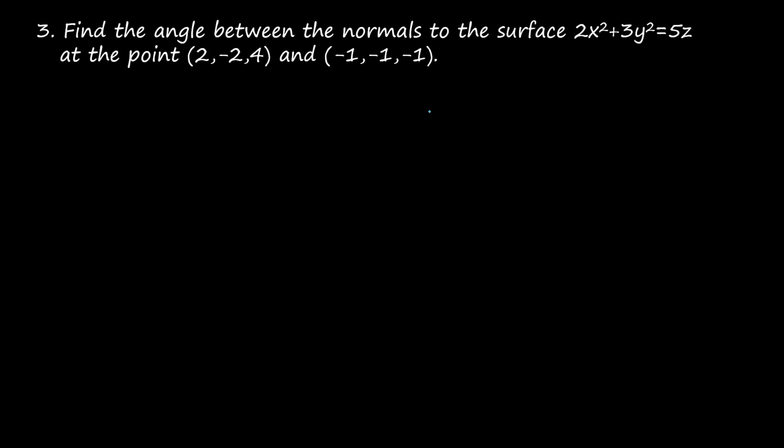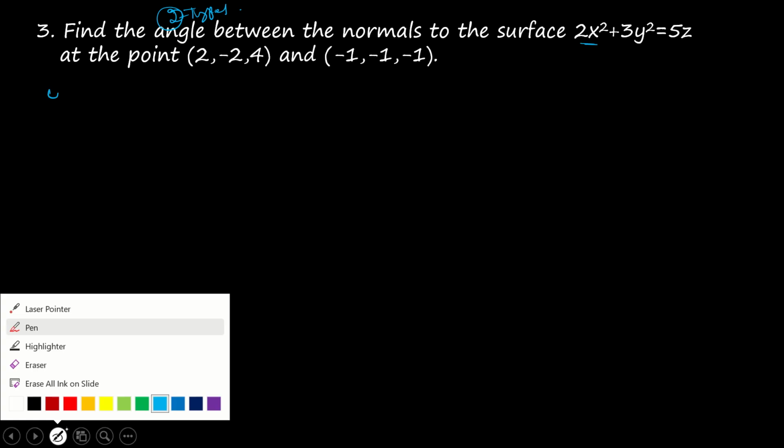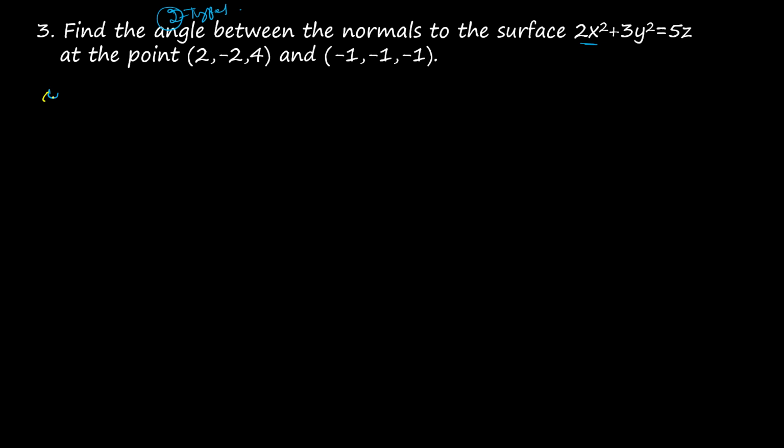Next one, angle between the normals to the surfaces. To find the angles, we have two types of questions. The first type is one surface, two points are given. Let phi be the given function, surface 2x squared plus 3y squared minus 5z.